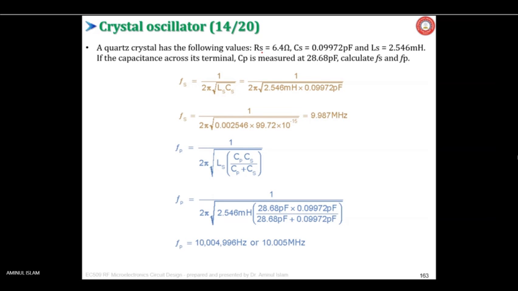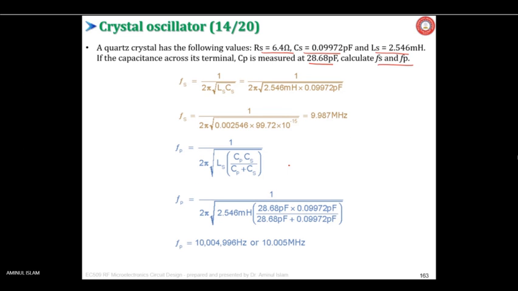So Rs is given as 6.4 ohm, Cs is given as 0.0997 picofarad, and Ls is given as 2.546 millihenry. If the capacitance across its terminal Cp is measured to be 28.68 picofarad, calculate the Fs and Fp.